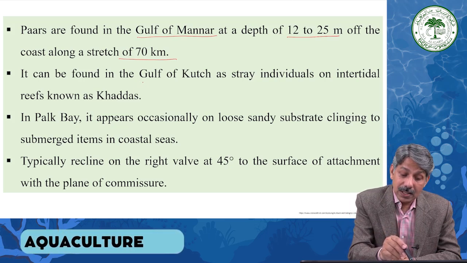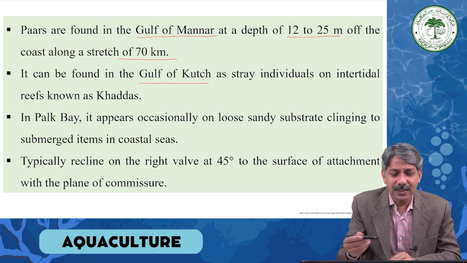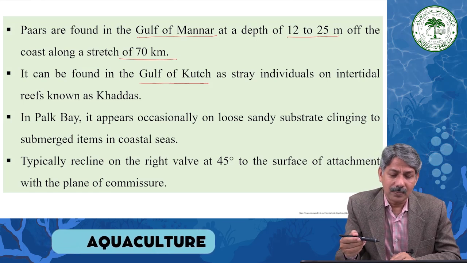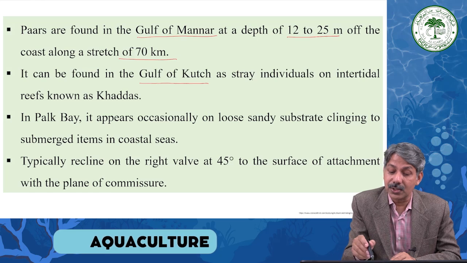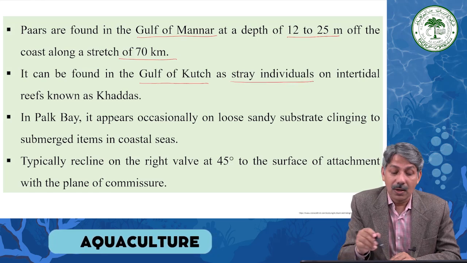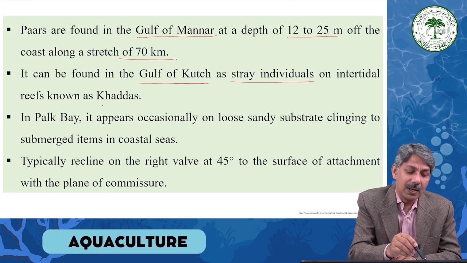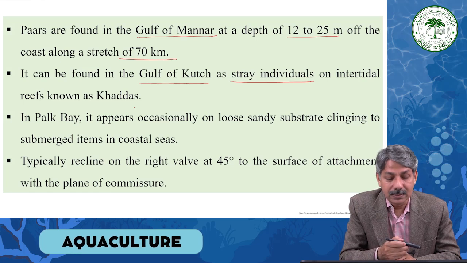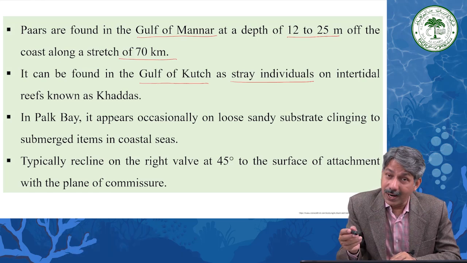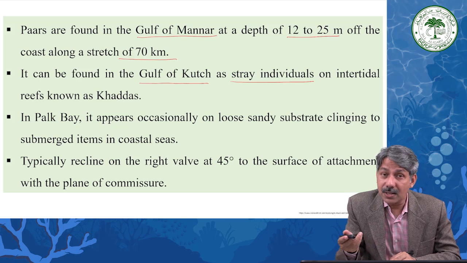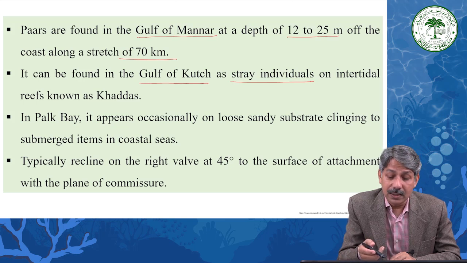It is also found, though not comparable to that extent, in the Gulf of Kutch as stray individuals on intertidal reefs, which we often refer to as khadas. So in the Gulf of Mannar they are distributed widely over a large area, and in the Gulf of Kutch they have also been reported.